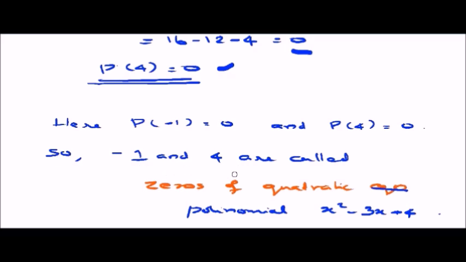So minus 1 and 4 are called zeros of the quadratic polynomial x square minus 3x minus 4.